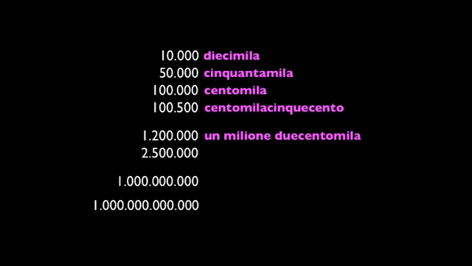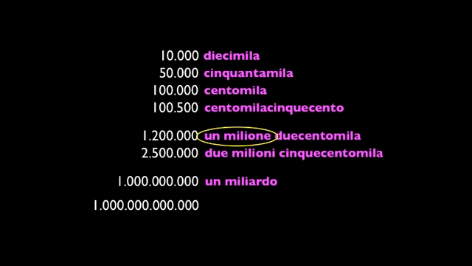So here we have 1,200,000, un milione duecentomila. For plural millions, you use 2 milioni. Notice the milioni becomes plural. 2,500,000 is due milioni cinquecentomila. The next number up from that is 1 miliardo.